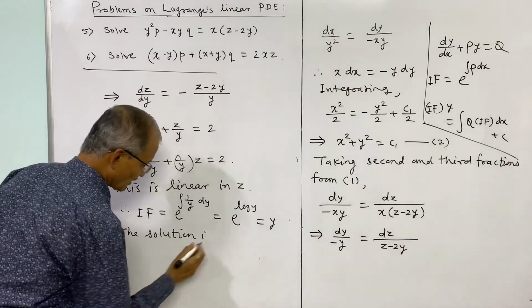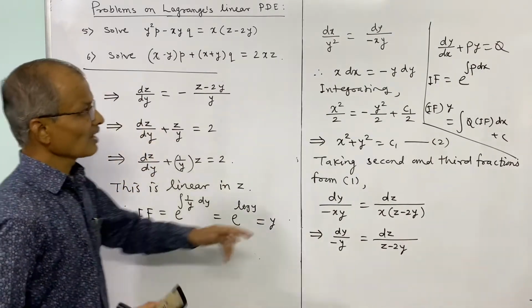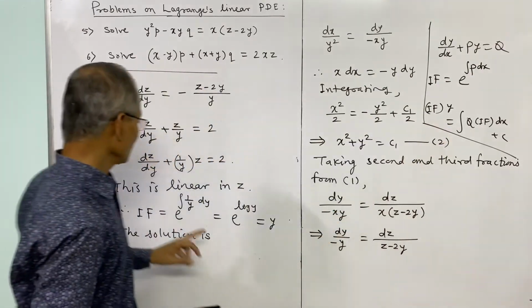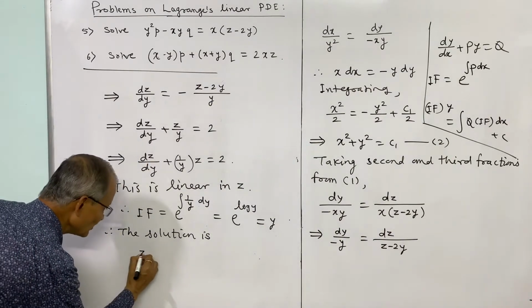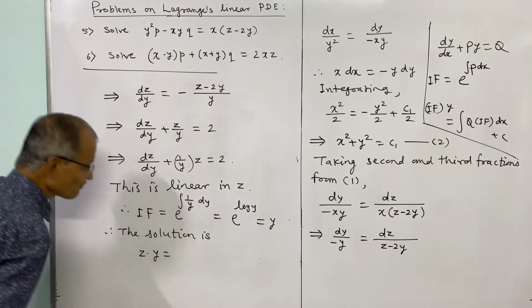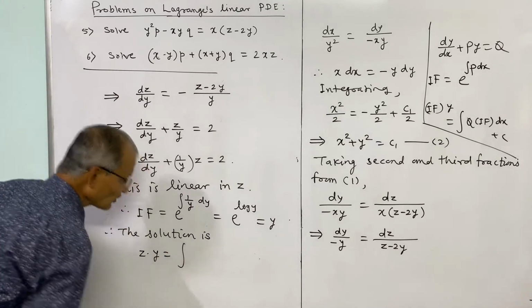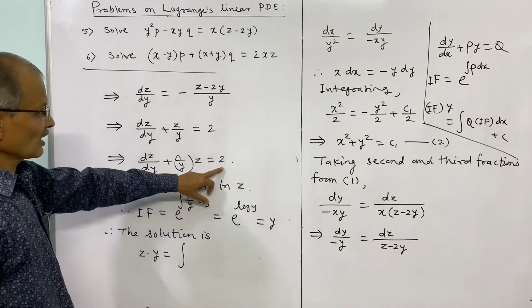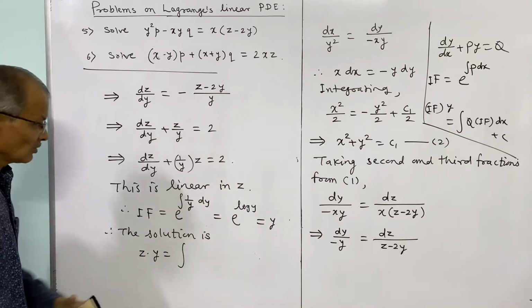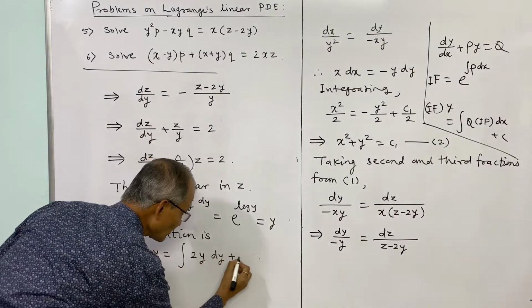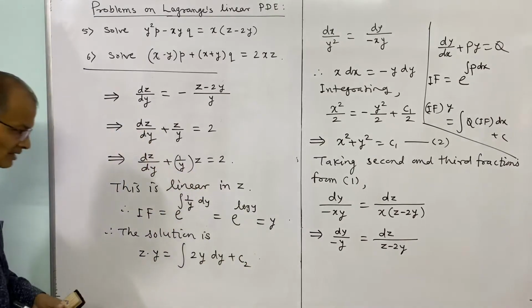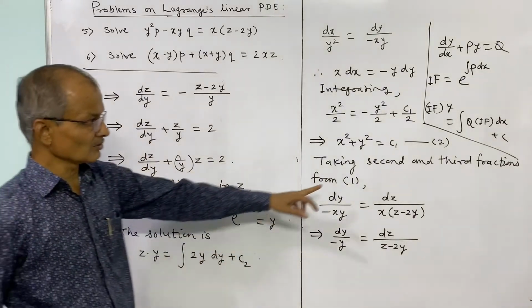z. Here it is z into IF, z into y is equal to integration Q, what is Q? The right side value is 2. 2 into IF, that is 2y dy plus a constant, and that constant we shall write c2. C1 constant is used earlier.